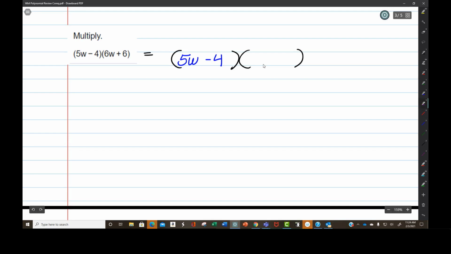And 6w plus 6, and we are going to distribute. Here is exactly how you do it.